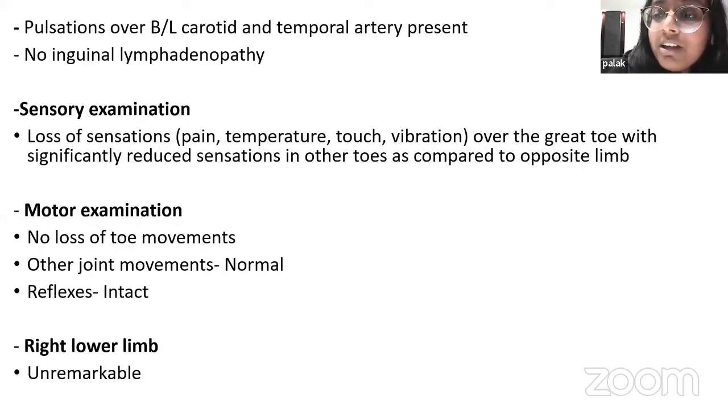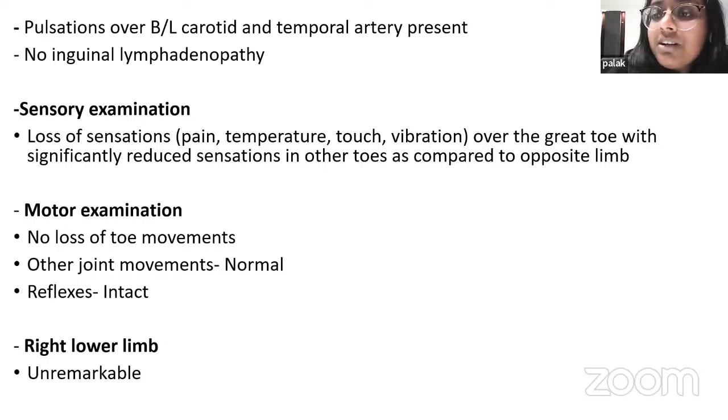The pain will be taken care of by non-steroidal anti-inflammatory drugs. Along with that, I would like to prescribe... What is the pain ladder? Palak, what's the pain ladder? Sir, it basically progresses from non-opioid to opioid medications, depending upon the severity of the pain.